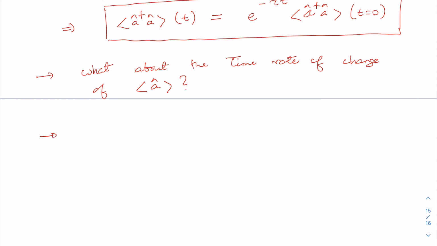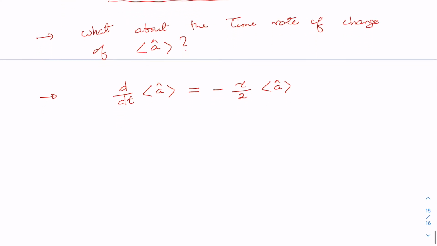I'm leaving it as an exercise for you. You can do it, and you can show that the time rate of change of the expectation value of this annihilation operator would be, you will get this equation: minus gamma by 2 a. So this expectation value therefore decays at the rate gamma by 2.